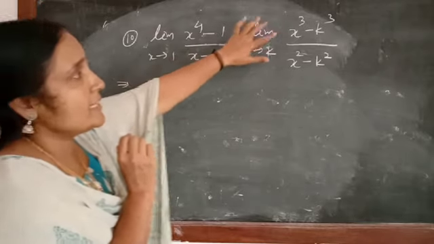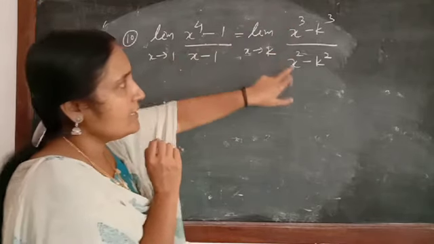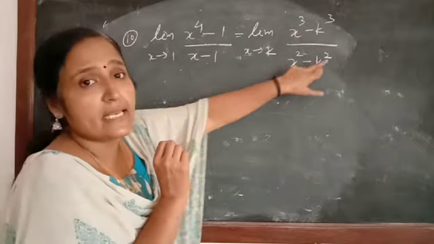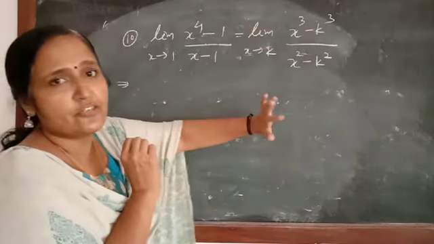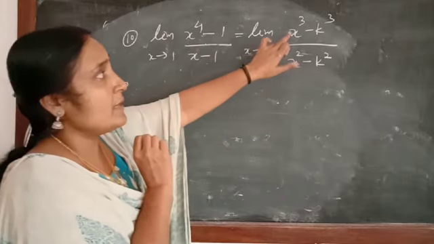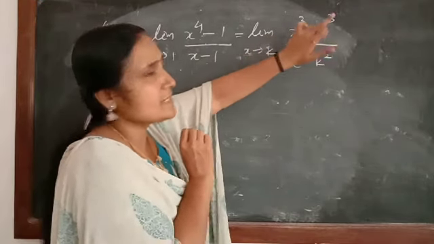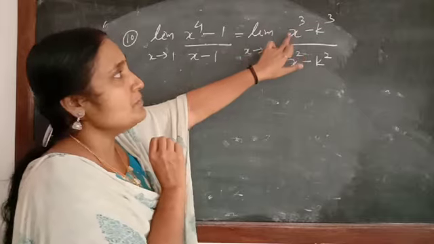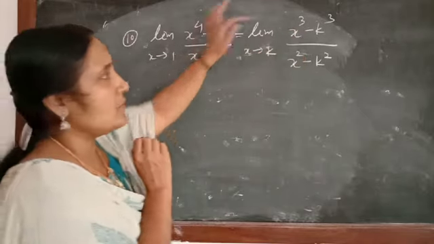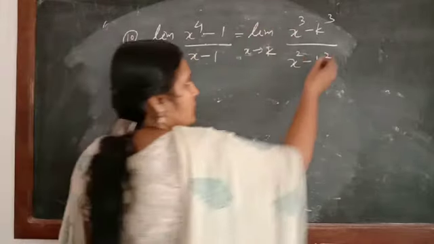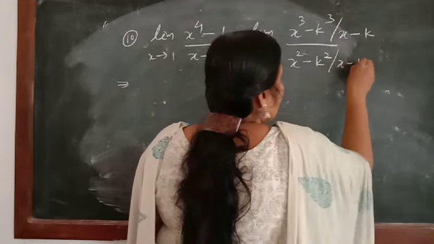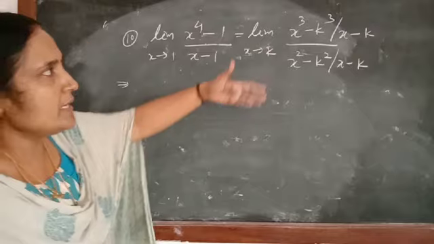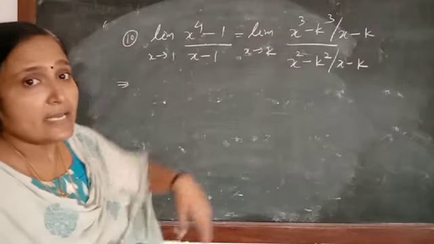But check the right hand side. In the right hand side, the denominator is not a linear polynomial. But to use the formula, denominator should be a linear polynomial. And here if it is written x cube minus k cube, denominator should be equal to x minus k only in both. So what we will do? We will divide both numerator and denominator by x minus k. So this one here only I am doing to reduce the steps there.